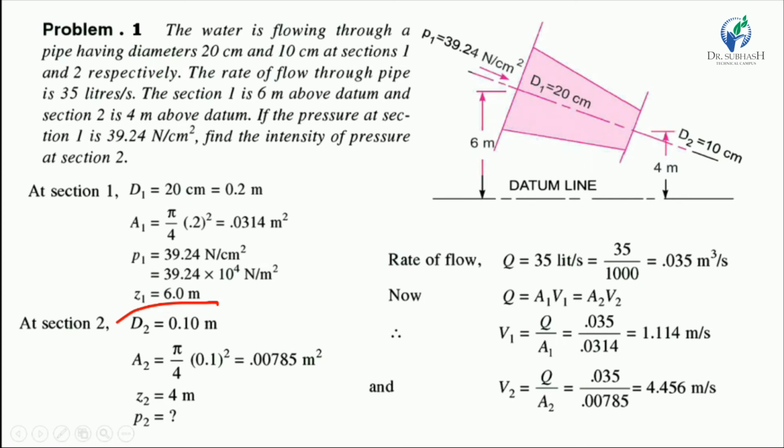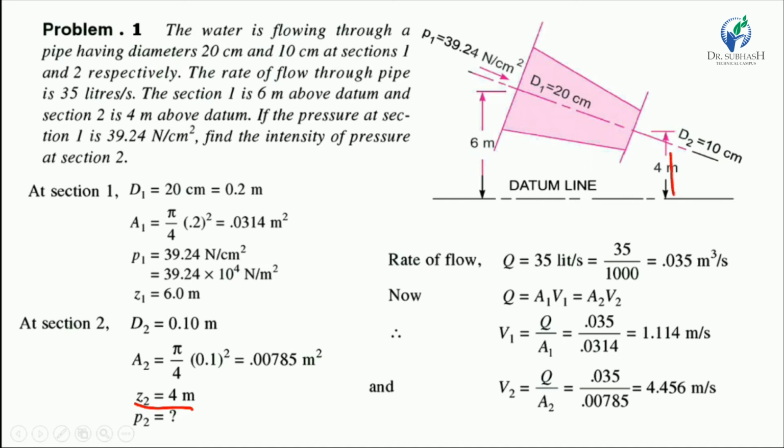Z1 datum height is 6 meter. Similarly, D2 is given as 0.10 meters, 10 centimeter converted into meter. So we can calculate the cross section area at section 2. This is the value of area 2.